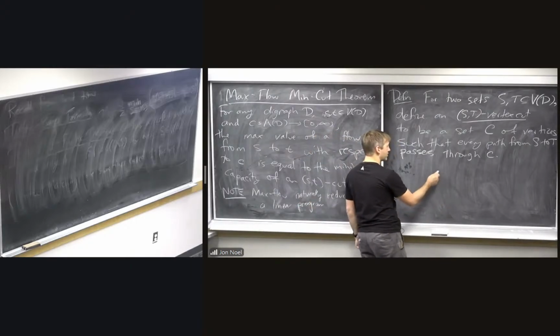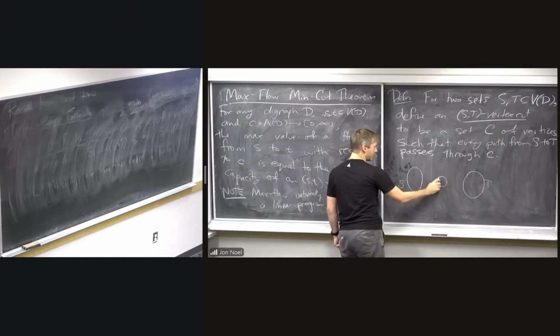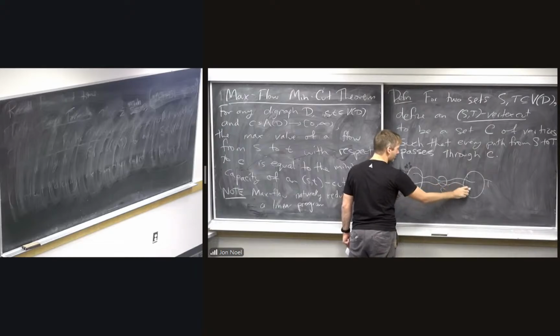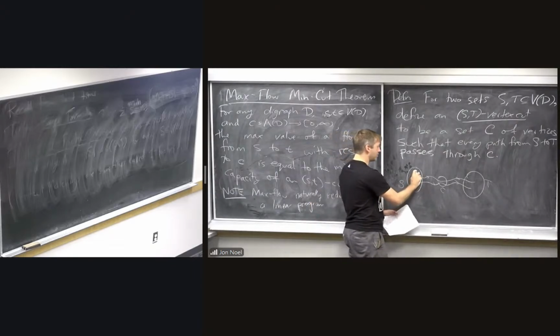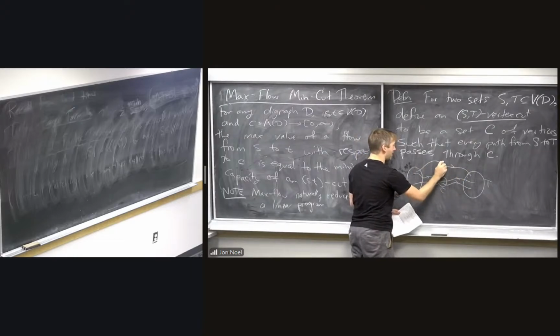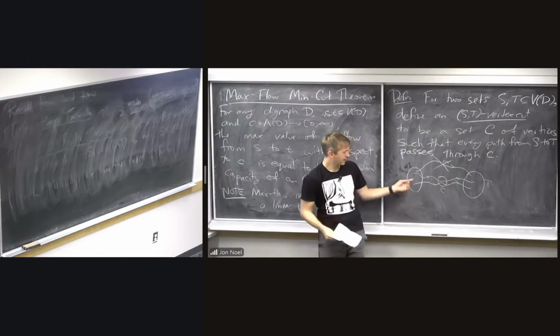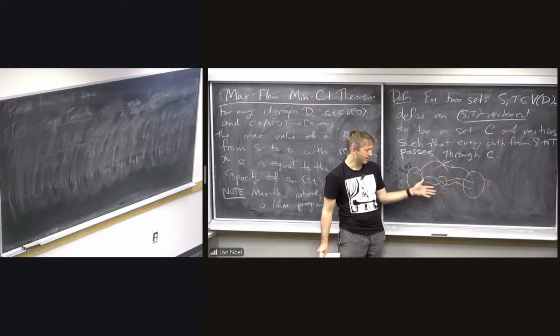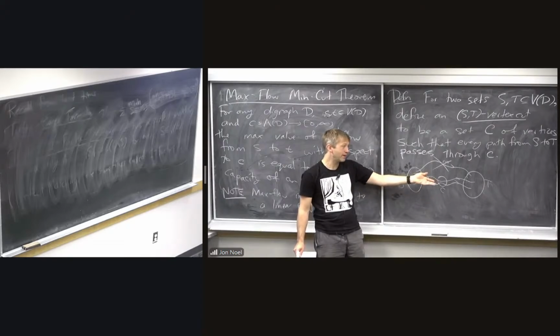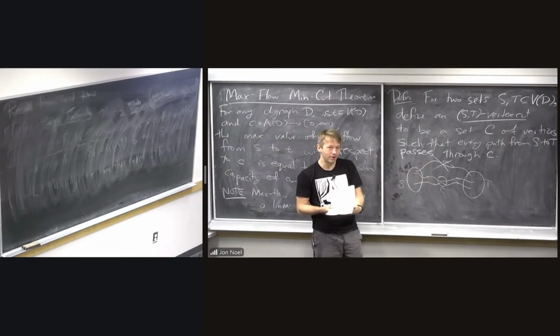A sort of picture is, you've got S, you've got T, you've got some set C, and every path that goes from S to T, so this is a digraph, so paths have to follow the directions, right? There's no way to take a path that bypasses the set C. Now note that the set C could contain some elements of S or elements of T. The sets S and T could even be non-disjoint.